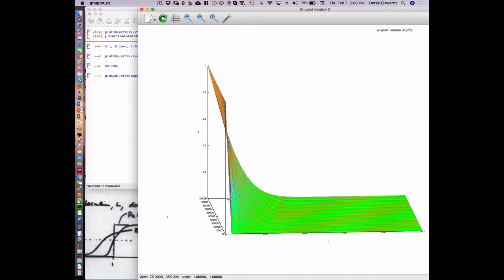It starts off very steep and just gets stretched out over time. I guess this axis stays the same, or at least this part in the middle, and it moves progressively further out, with my elbow representing the base of this as it moves out. And so this is what we might expect for the case where we have diffusion dominated. But that's not really the case that we're so interested in.